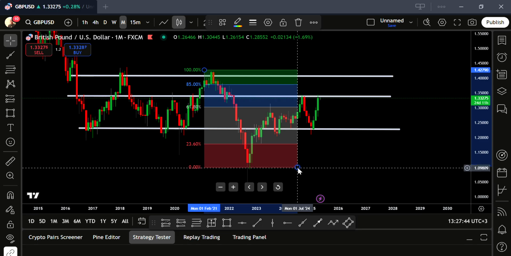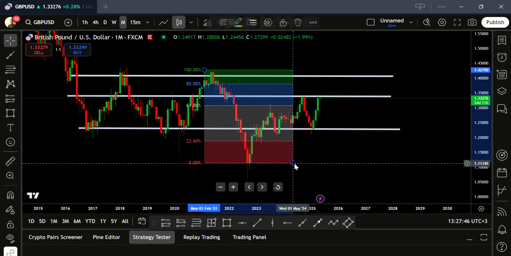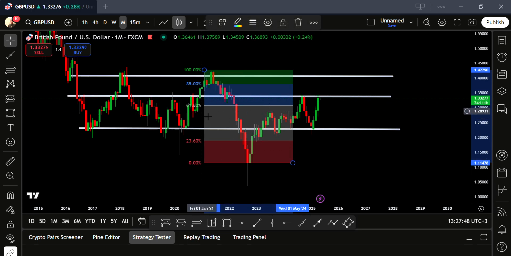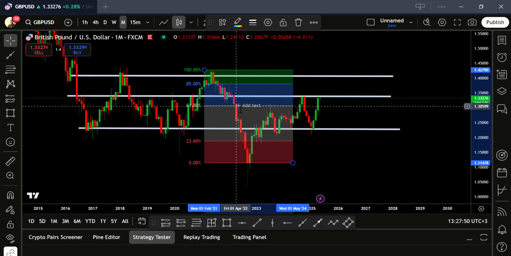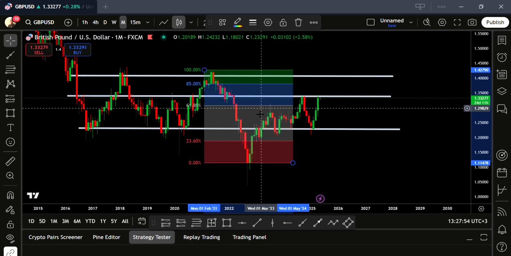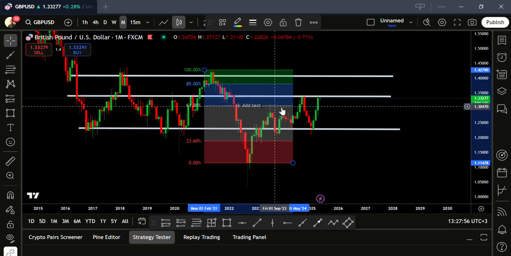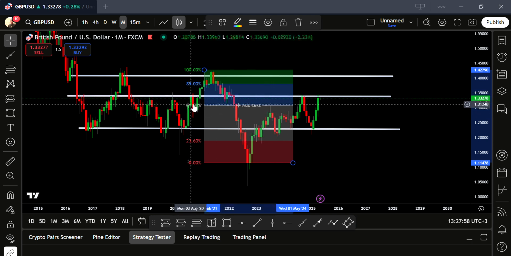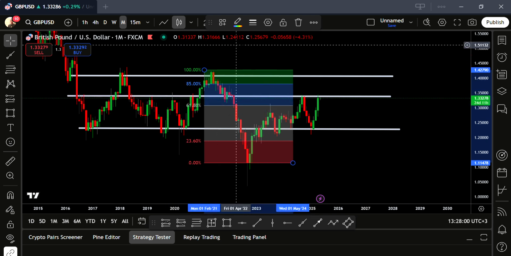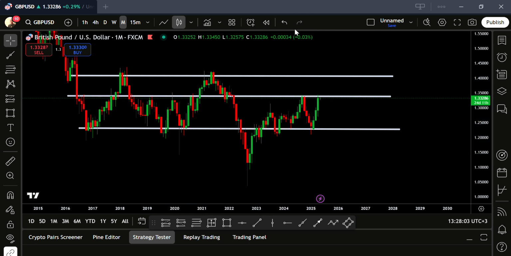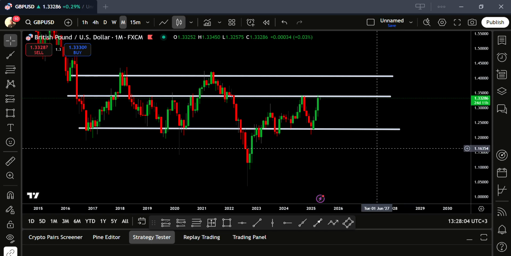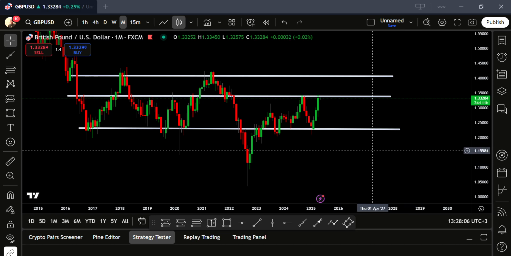No, wait. Good. Swing high to swing low. You see, this is the area around 61.8, trying to end there. It's not exactly, but it is around that area, this area here. So Fibonacci kindly supports us to a tune of around 60%. And that is the monthly time frame.